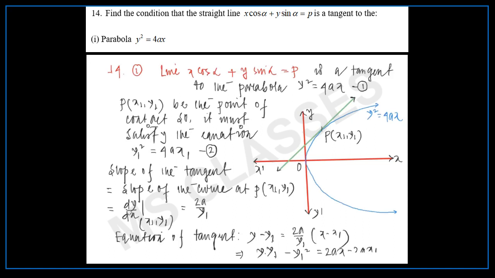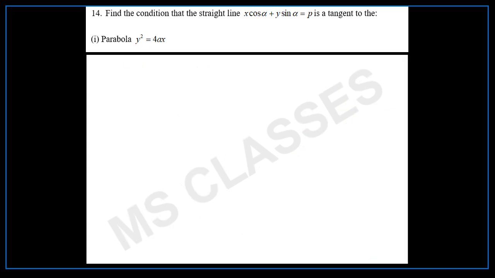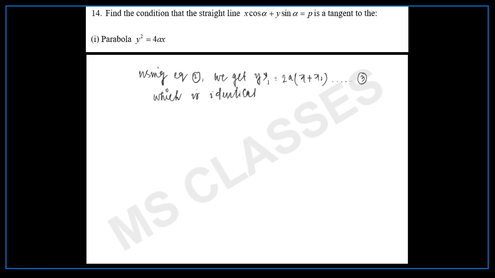Now using equation 2, we get y y1 equal to 2a(x plus x1), which we mark as equation 3, which is identical to x cos alpha plus y sin alpha equal to p.